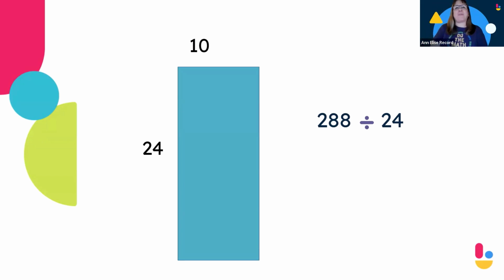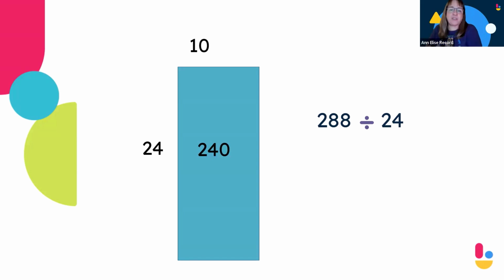So we think for a moment about this 288 divided by 24. What I relate it to is thinking about, well, I'm trying to see how many 24s can fit into 288, right? So I think about, do I have enough for 10 groups? Because that's relatively easier for our students, those multiples of 10s. And so 24 groups of 10 would be 240, right? And now how much more do I have to go?